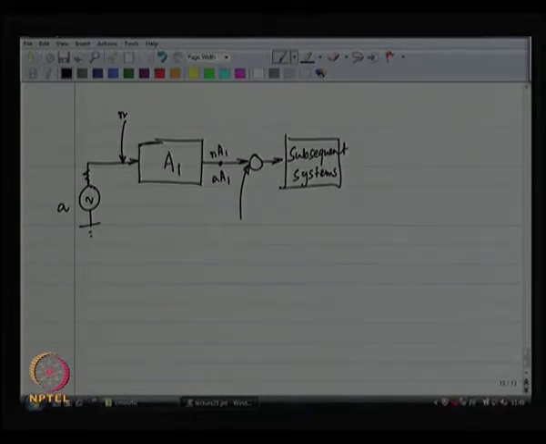Now, to this amplified noise you are adding some more noise, let us say N2. You have already got amplified noise. If you add a little more noise to it, it is almost as if you are adding nothing, because the noise is already amplified. The signal is also amplified by the same factor. So, as a result, the overall signal to noise ratio is not going to degrade much.